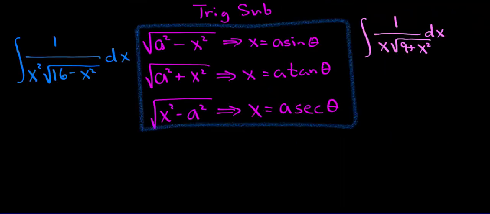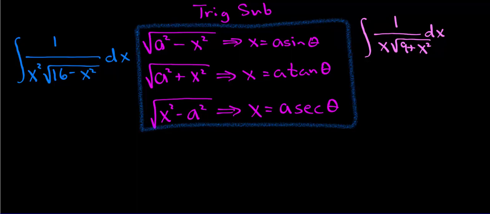Okay, now we'll look at a couple of trig sub problems. So what you need to keep in mind with trigonometric substitutions is this little box here, this blue box in the middle. This is kind of a guide to how you're going to make substitutions. We choose these ones because notice the derivative of sine is positive, the derivative of tangent is positive, the derivative of secant is positive.